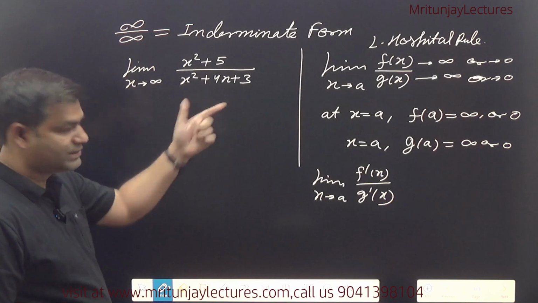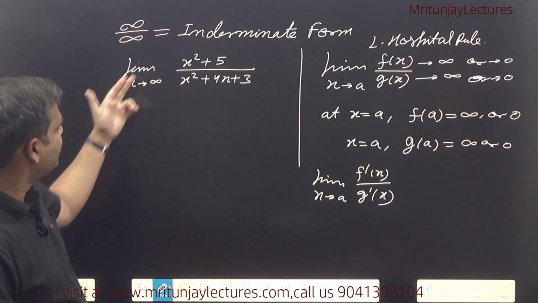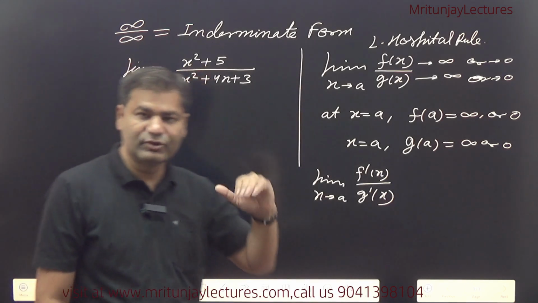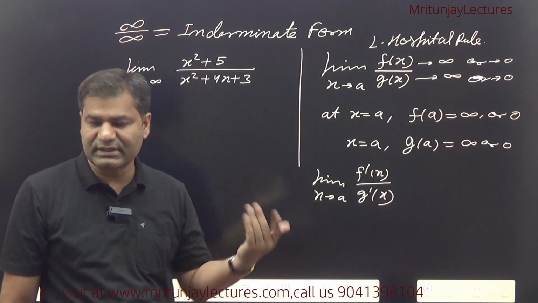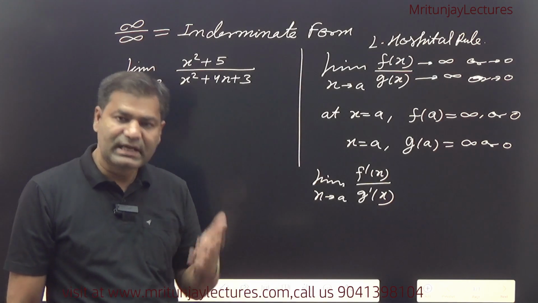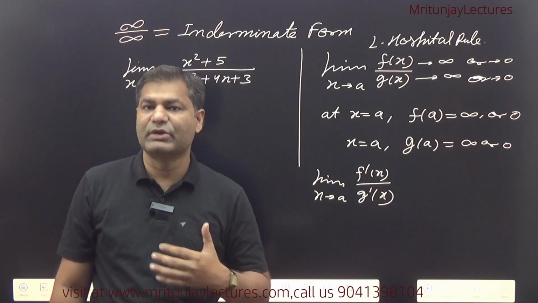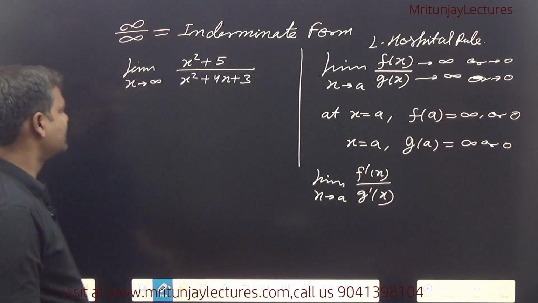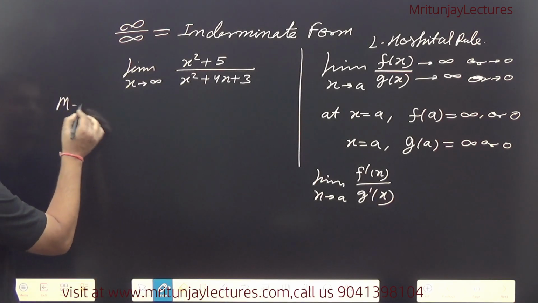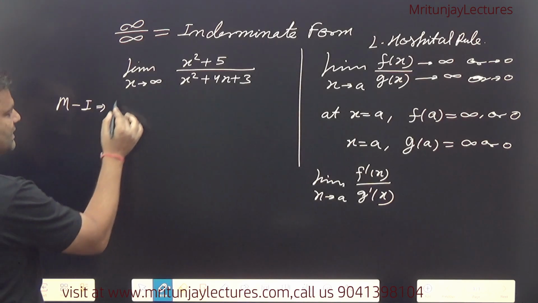Now, how can we solve this type of problem? Look, if we put infinity, then we get infinity by infinity. You can differentiate both with respect to x. Otherwise, you can solve by the conventional method also. What is the conventional method? Method first: limit.